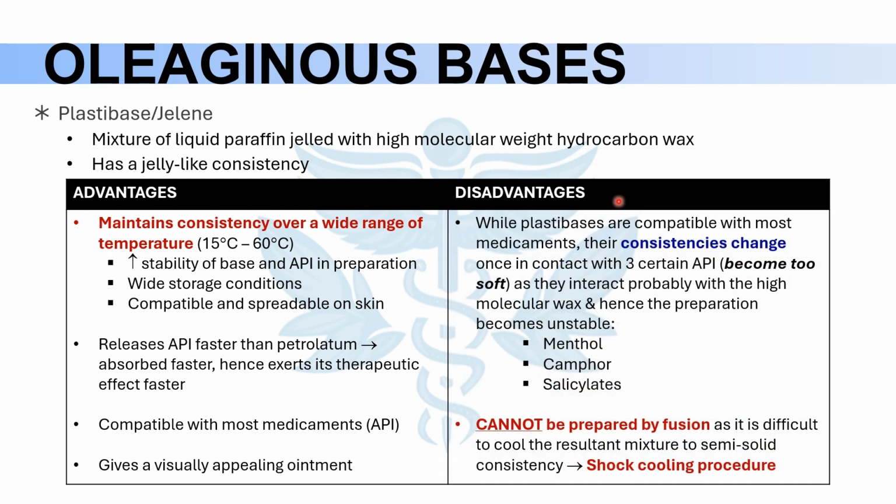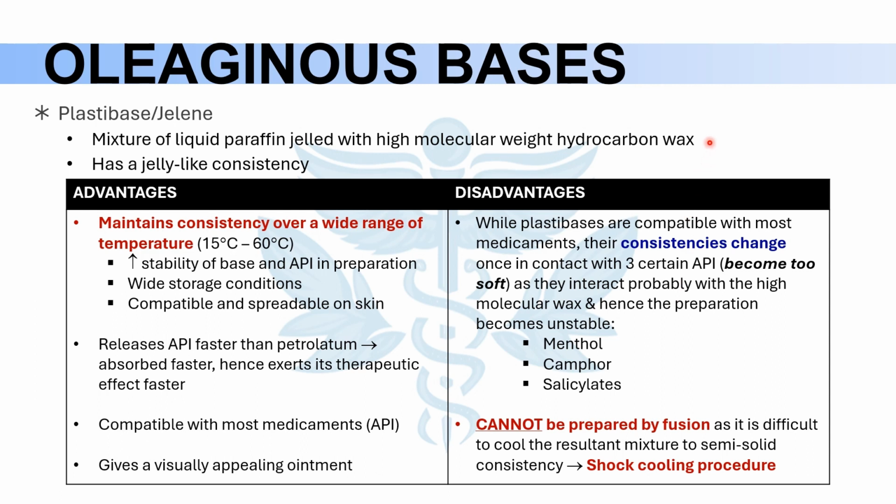There are two disadvantages when we talk about plastibases though. We established that plastibases are compatible with most medicaments, but there are three exceptions. If plastibase is used as the vehicle for menthol, camphor, or salicylates, these three active constituents will interact with the hydrocarbon wax in the plastibase.